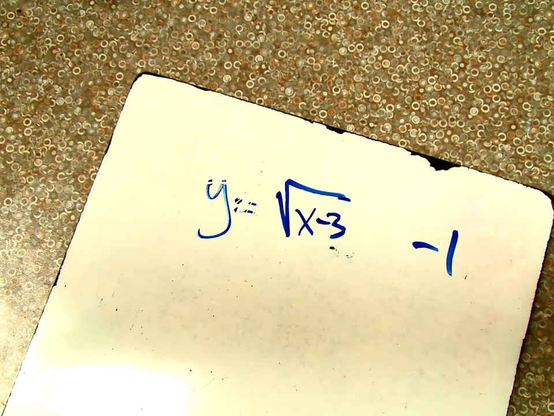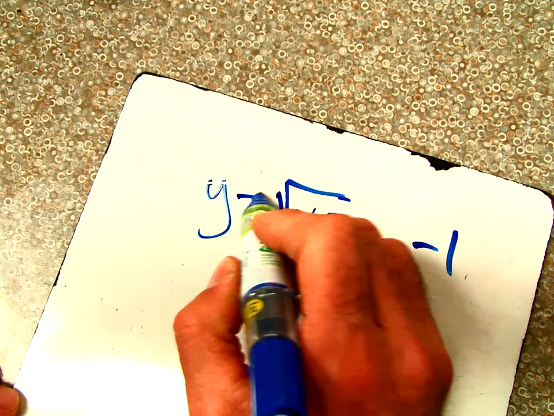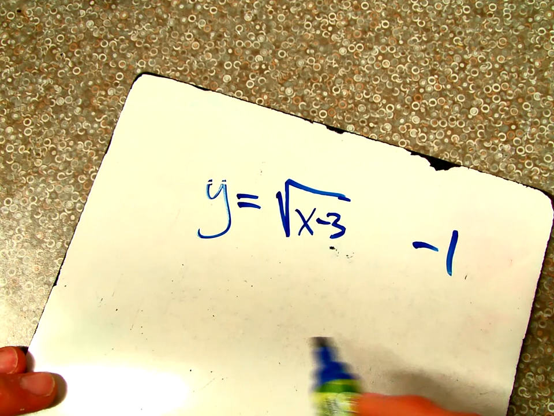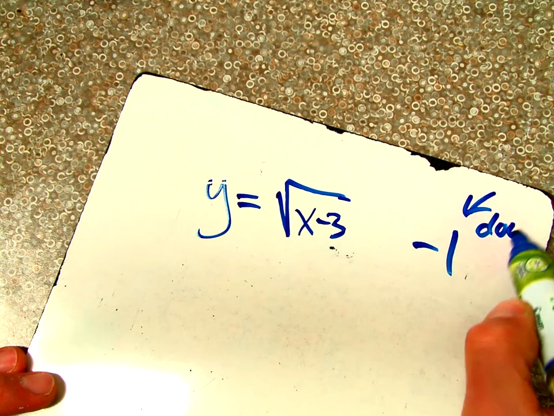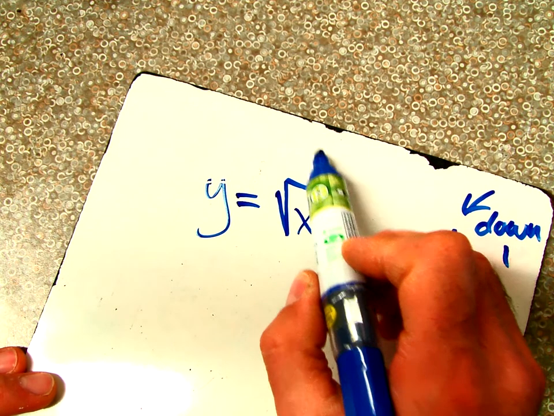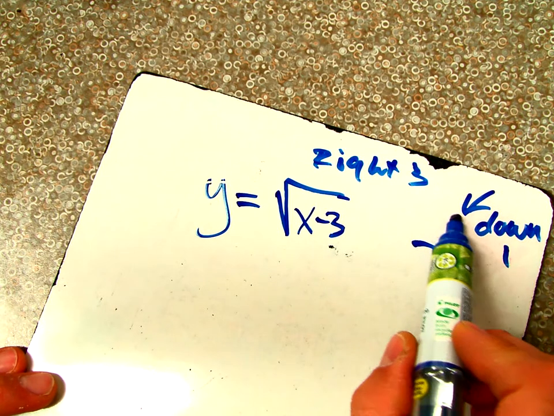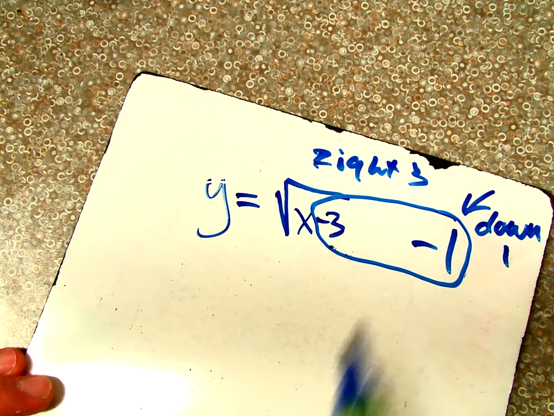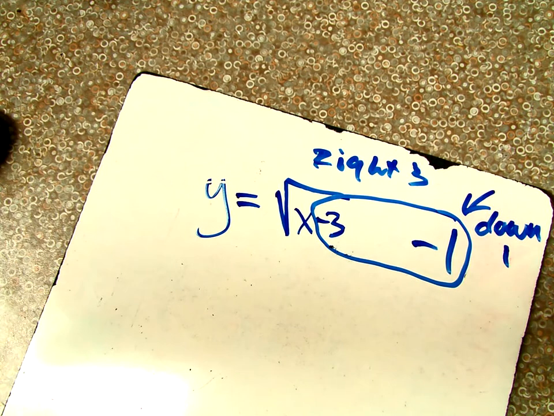Okay, so with a square root function, this moves it down 1, and this moves it to the right. So these numbers are your vertex.